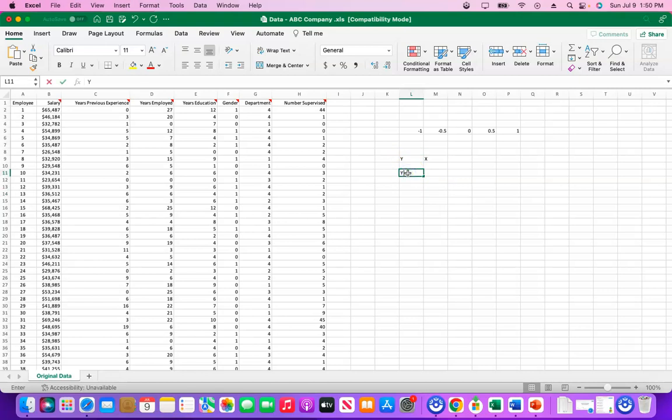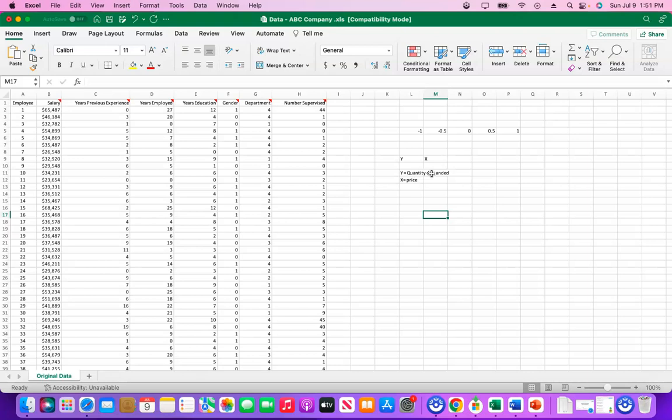If y is the quantity demanded by the consumers, and x is price, we are trying to see if there is any relationship between quantity demanded and the price.